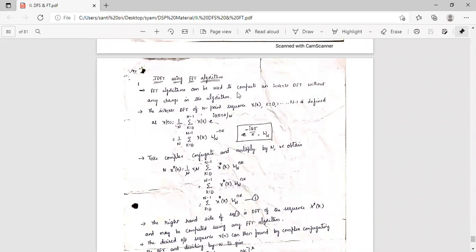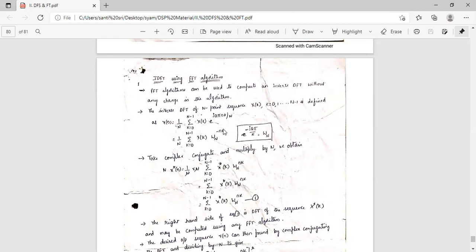The inverse DFT of an n-point sequence X of k, where k is varying from 0 to n minus 1, is defined as x of n equal 1 by n sigma k equal 0 to n minus 1 X of k into e power plus j 2 pi n k by n. It is equal to 1 by n into sigma k equal 0 to n minus 1 X of k into W n power minus n k, where e power minus j 2 pi by n is considered as W n.